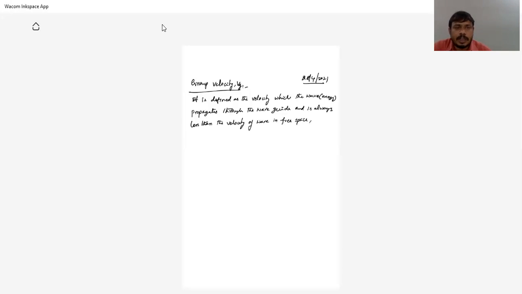So it is defined as the velocity which the wave propagates through the waveguide, and always it is less than the velocity of wave in the free space.